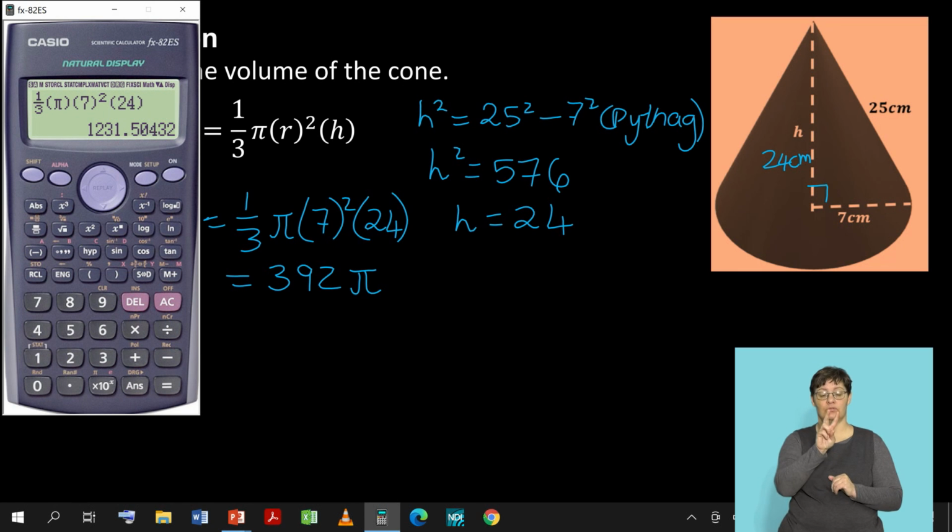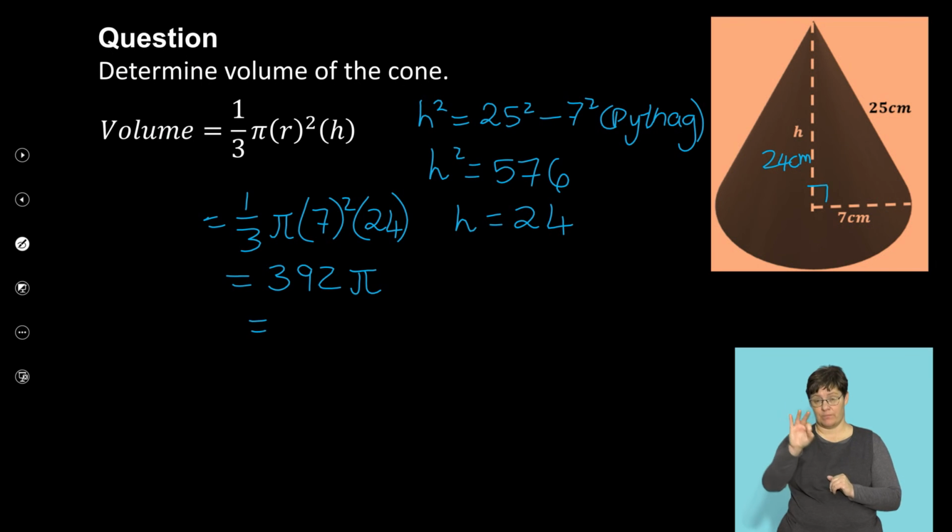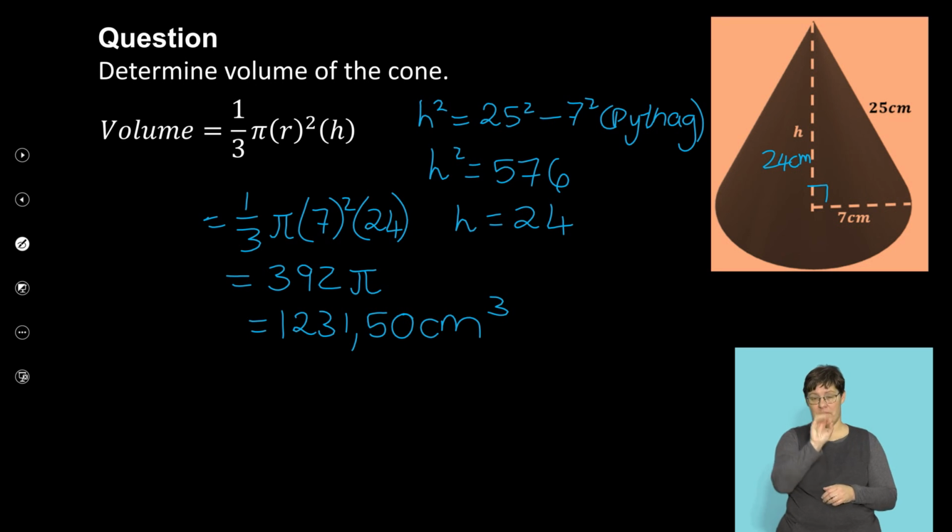So it's going to give me 1231.50. And I'm saying centimeters cubed because it is a volume calculation. So the volume of this specific cone is 1231.5 centimeters cubed. Great, everyone. I hope that you're still with me. Let us go on to our next example.